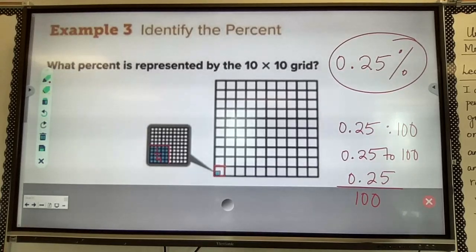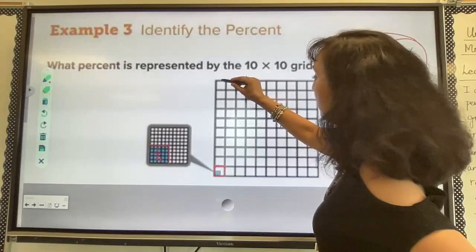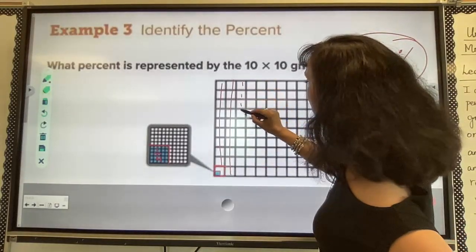A friend states that the percent represented by the 10 by 10 grid is 25%. How can you use reasoning to explain to your friend that this is incorrect? So, if I'm looking at this, if the grid represented 25%, then what would happen? Then I would have had this whole thing, this is 20, 1, 2, 3, 4, 5.